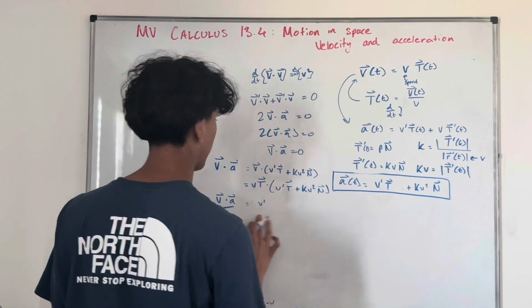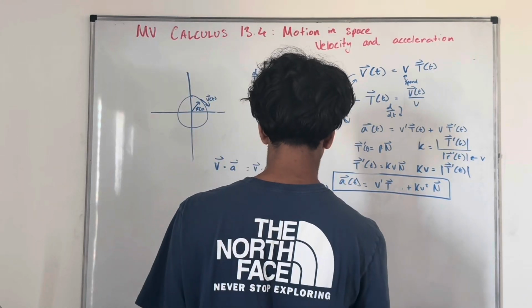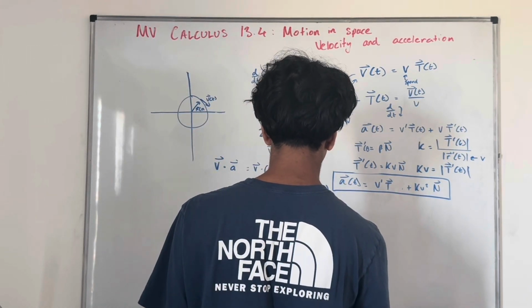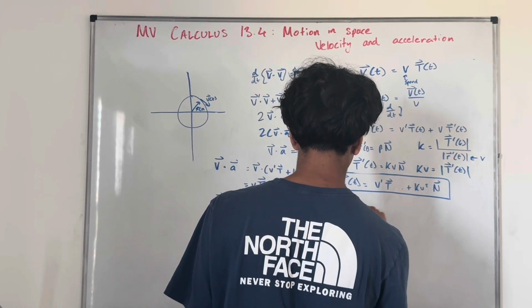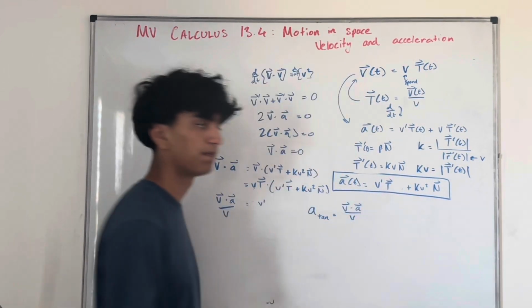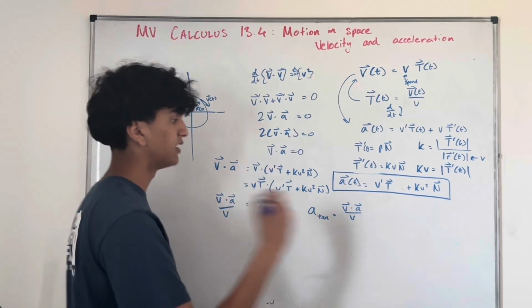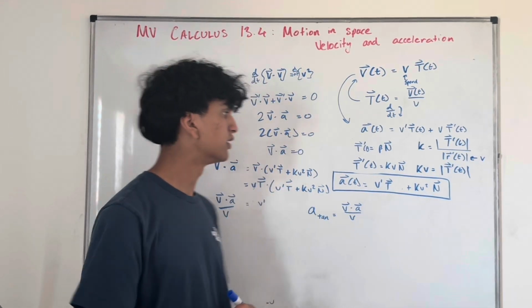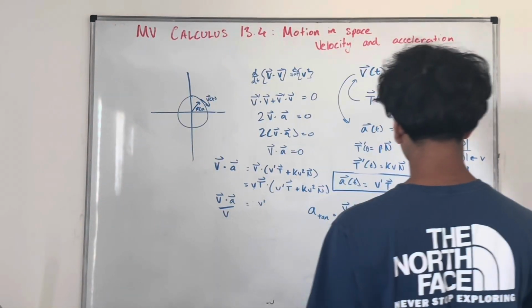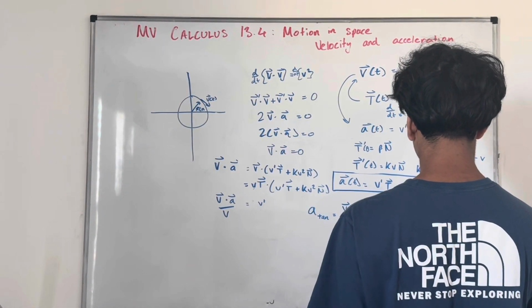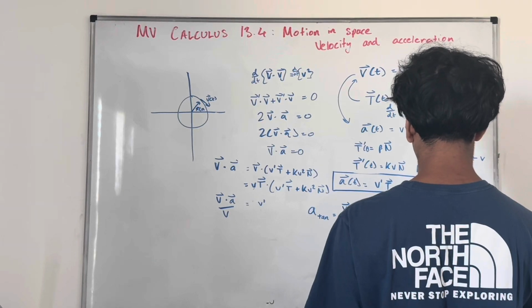So I essentially get that the tangent component of the acceleration is v dot a over the magnitude of v. So the velocity dot the acceleration over the speed. To find the normal component, I'll just say a_N.